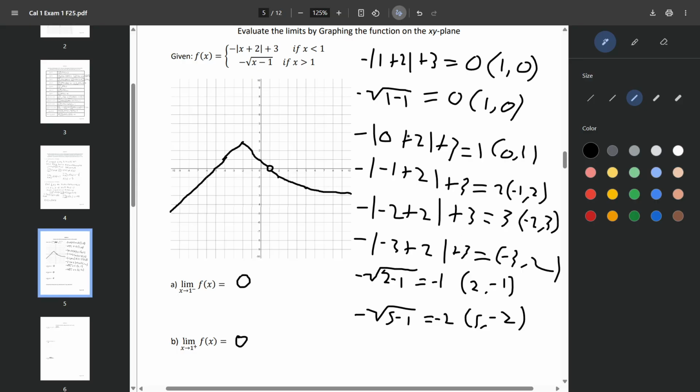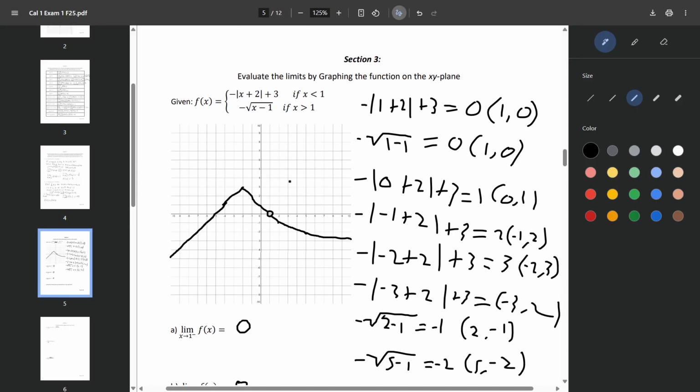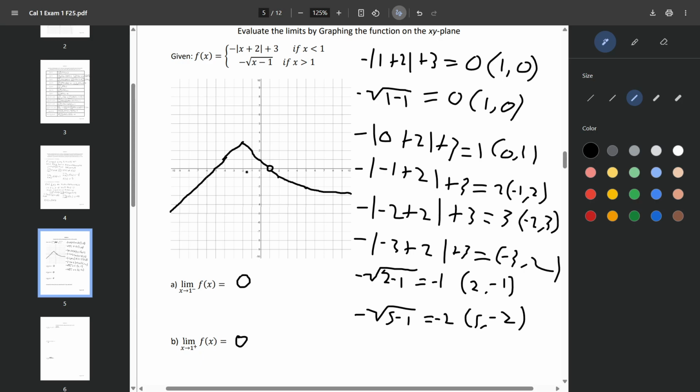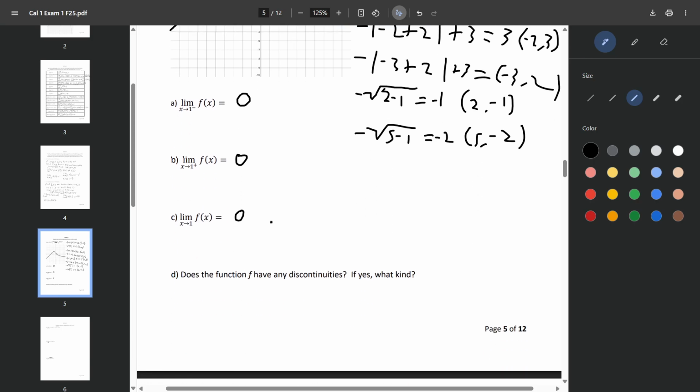And this is also why we did our equation like this, so we can see that we have a hole at 1.